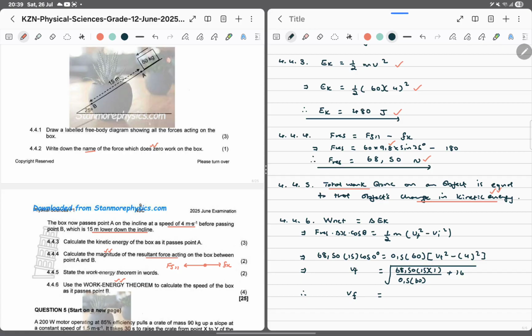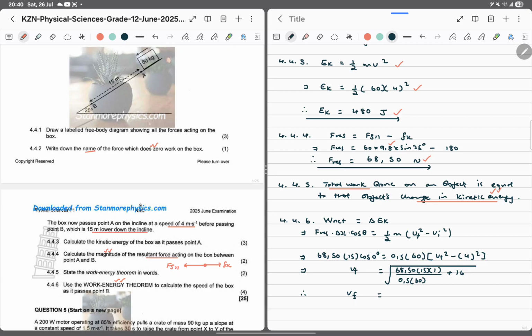So we've got 68,50 into 15 divided by 0,5 into 60. We then add 16 there.